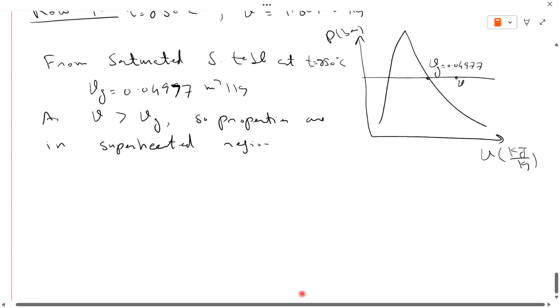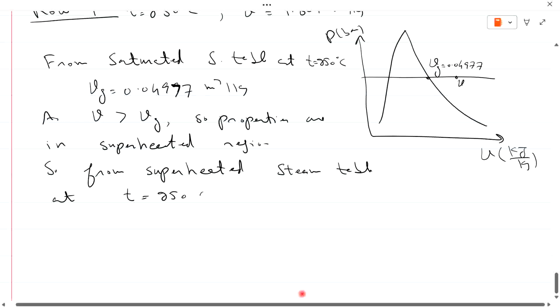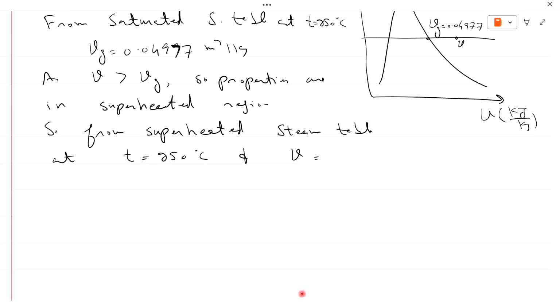So from the superheated steam table, at temperature equal to 250 degrees centigrade and specific volume equal to 1.601 meter cube per kg, pressure is equal to 1.5 bar.